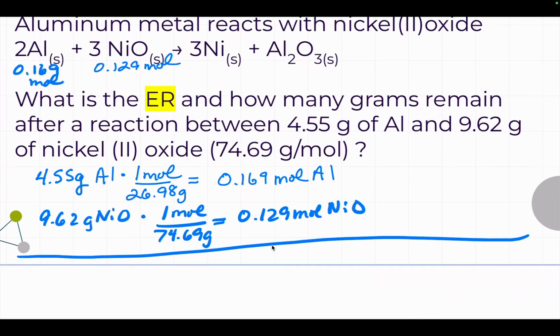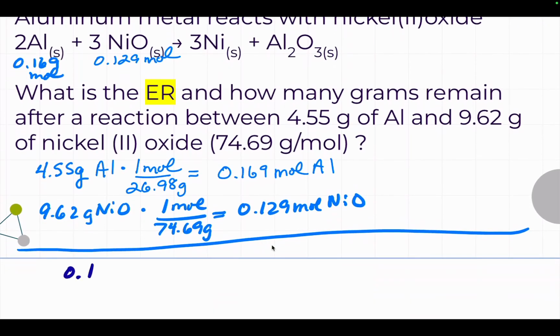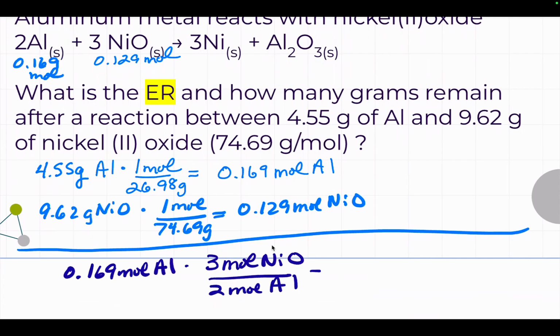So here we go. I'm going to take my moles of aluminum and convert it into moles of my other reactant, the nickel(II) oxide. And when I do this, I get 0.254 moles of nickel(II) oxide.